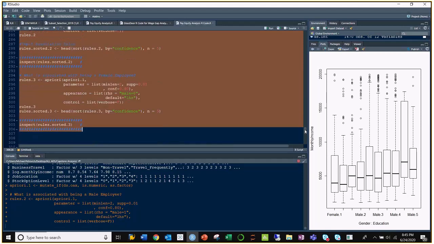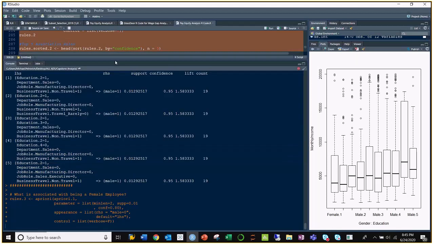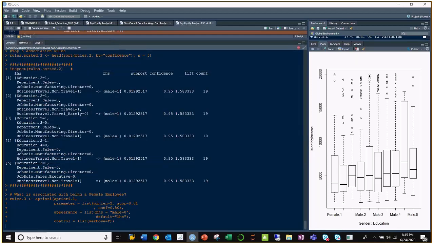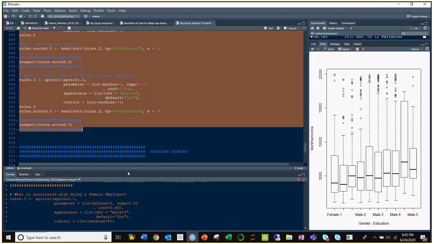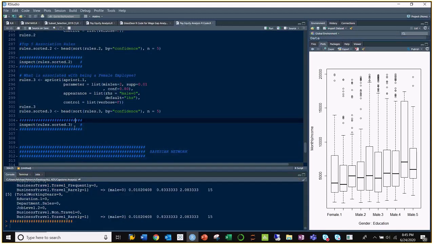And although there's no really association to pay because we're not running it by pay, what it does help, I think, is it helps point at something we saw earlier in our exploratory data analysis that we could technically take to our recruiting department. So let's inspect the associations to females. Let's wait here while it loads up.